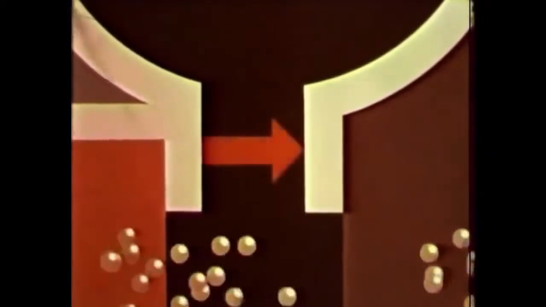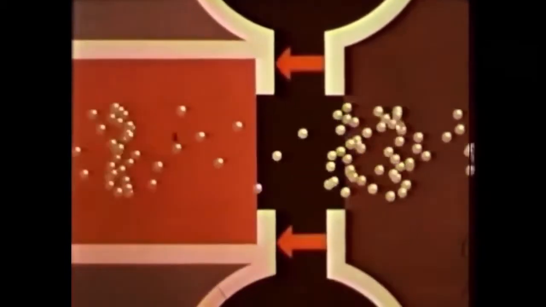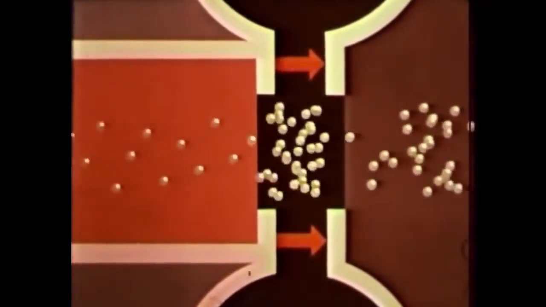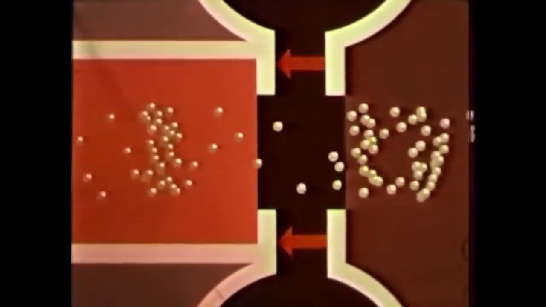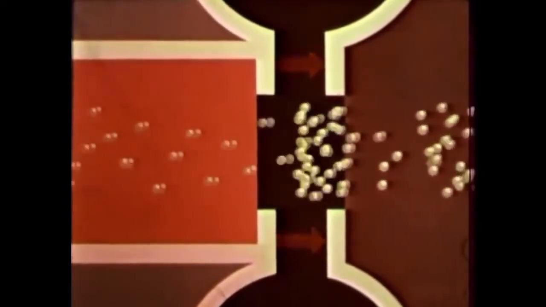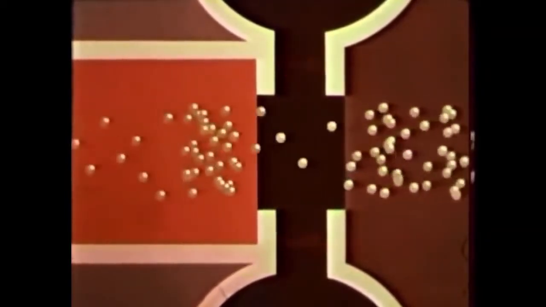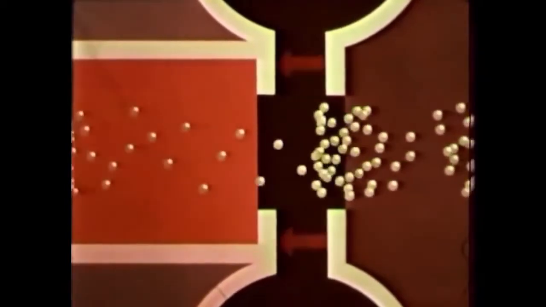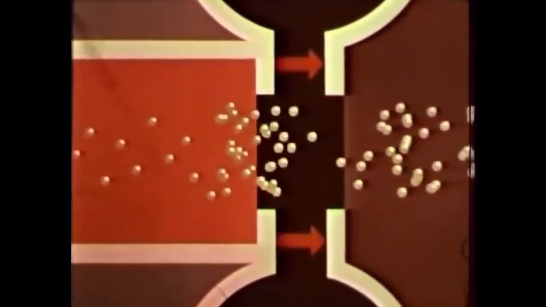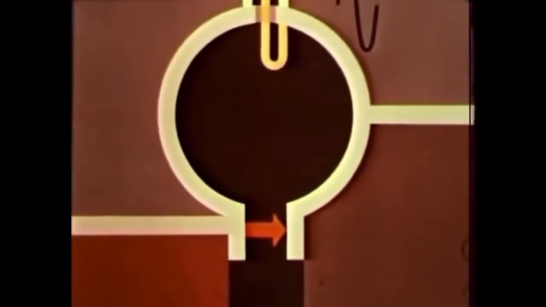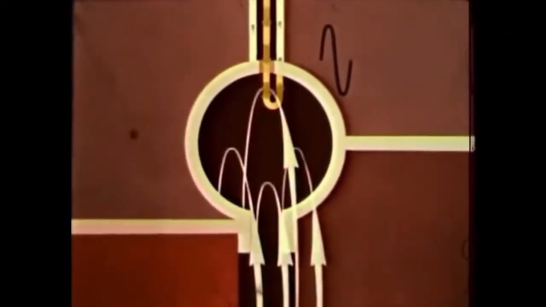Therefore, the latter starts to oscillate. The alternating magnetic field inside the second cavity is partly linked with the coaxial cable and thus initiates the output signal.